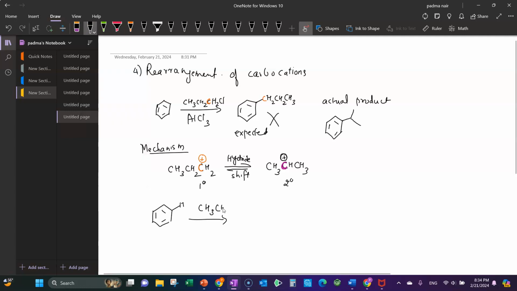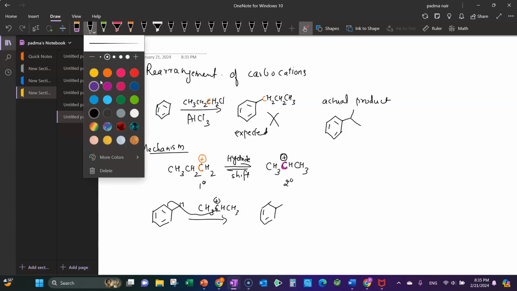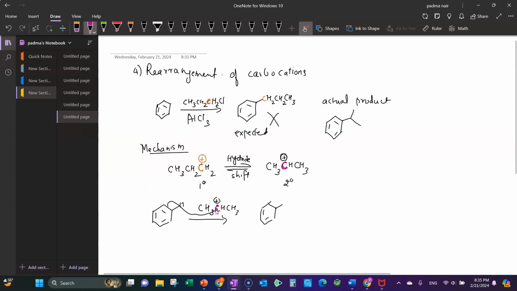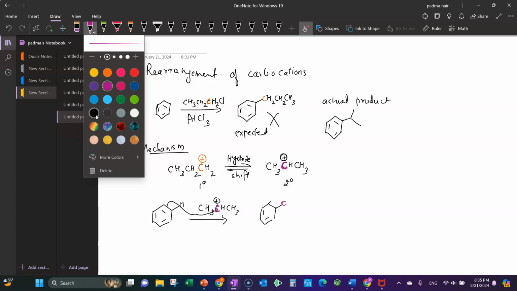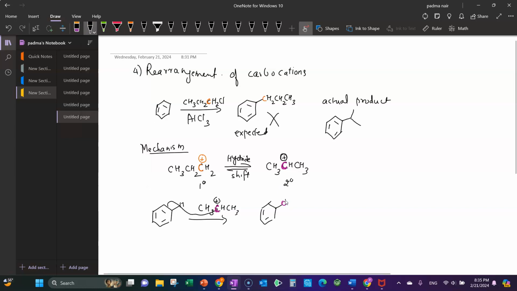So we can redraw that. CH3CH+CH3. Now it's going to attach itself to this carbon atom to form the sigma complex again. It's attaching to this purple carbon. So we get the isopropyl.